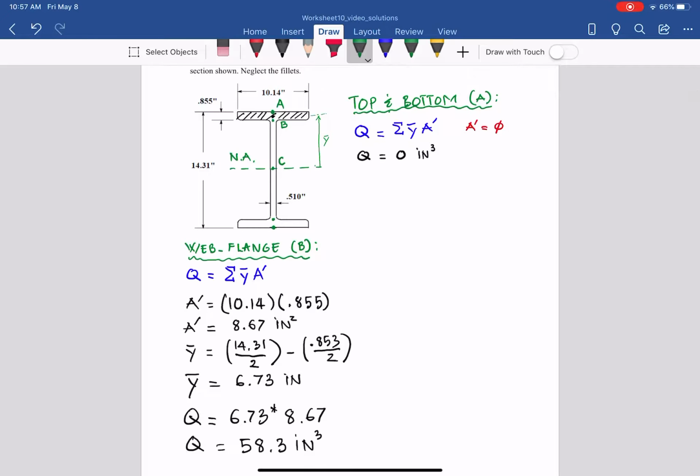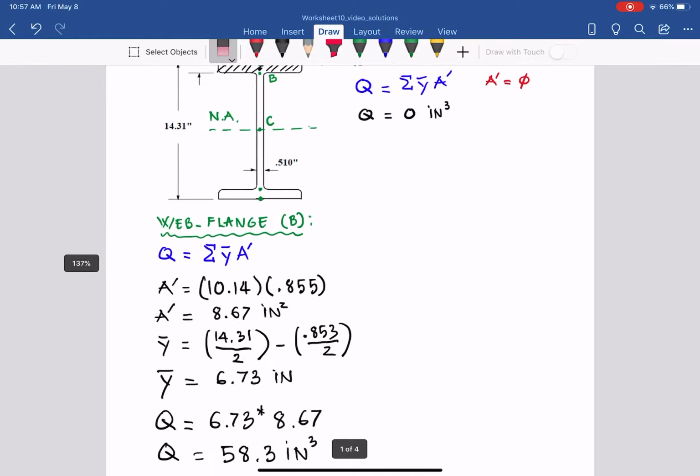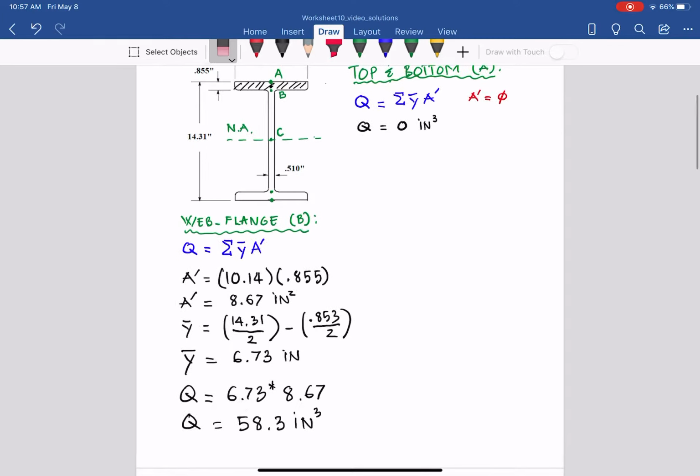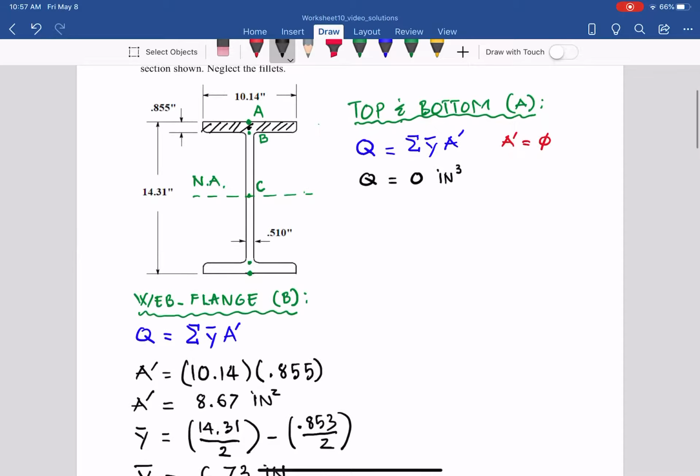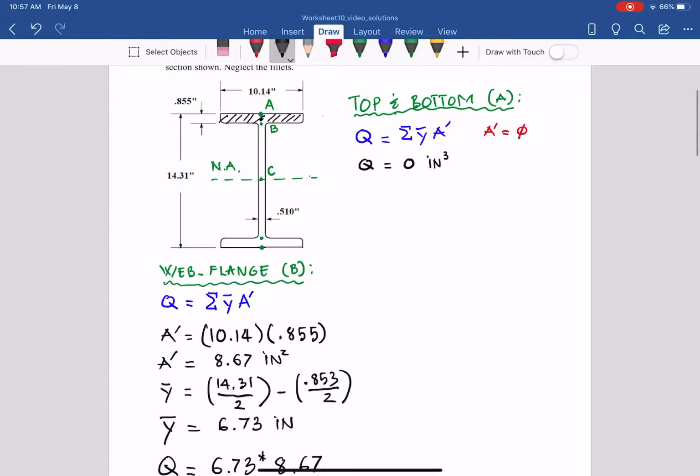So let me erase this y bar here and move on to the next one, how to determine the Q for the neutral axis, right? The first moment of outward area at the neutral axis of the cross section. So that is point C we are talking about.